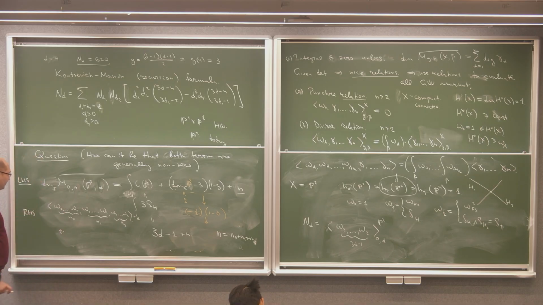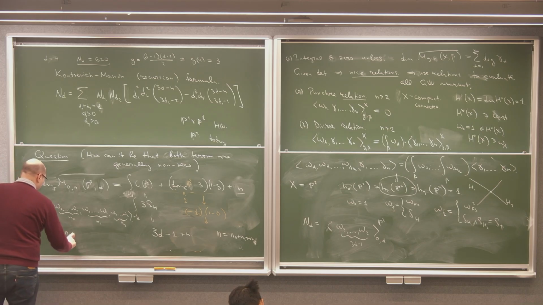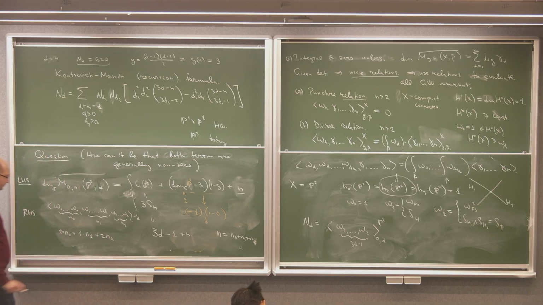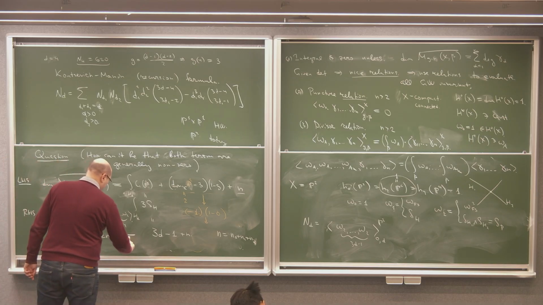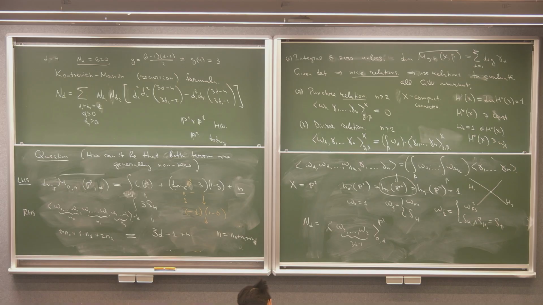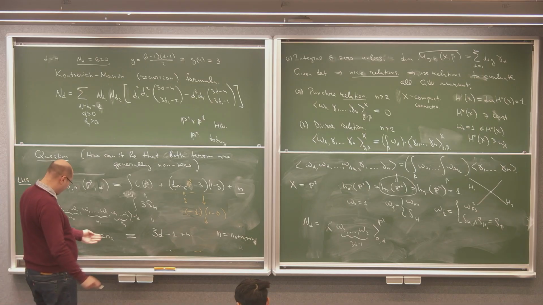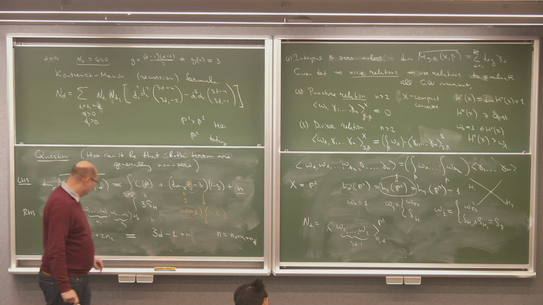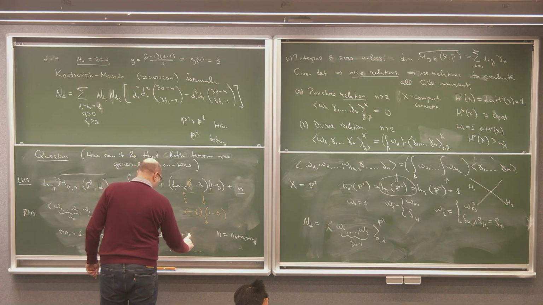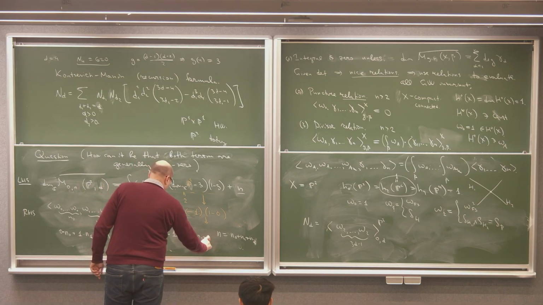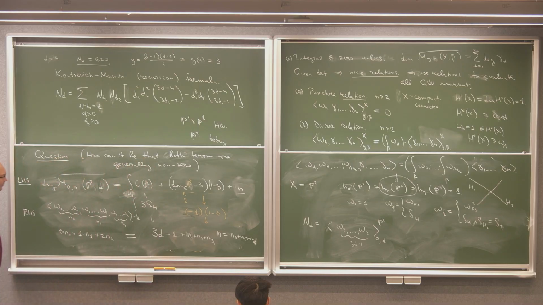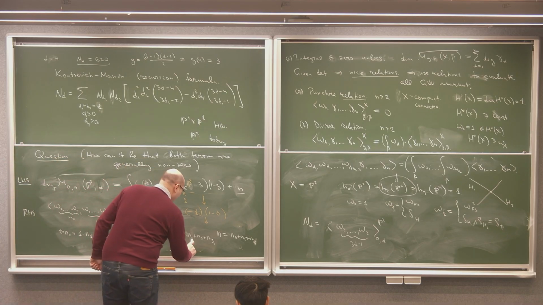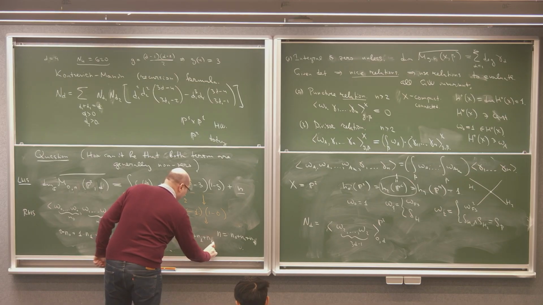Omega 0 has degree 0, so it's 0 times n0, plus 1 times n1, plus 2 times n2. The Gromov-Witten invariant vanishes unless this equals 3d minus 1 plus the sum of these numbers, n0 and n1.